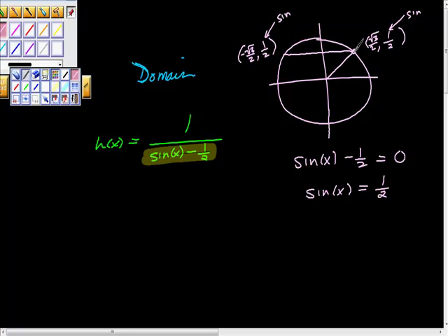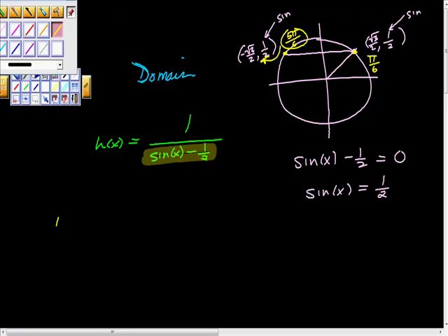This value here happens to be pi sixths, and this value right here is 5 pi sixths. We're using radian values because we're in trig. So we know that any time we get here, the sine value of this angular value will be 1/2.